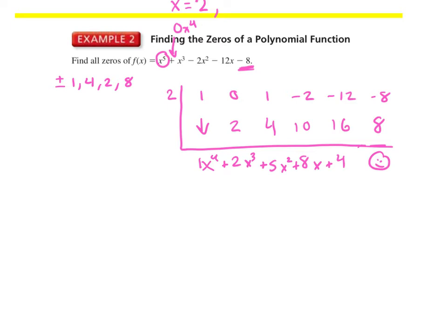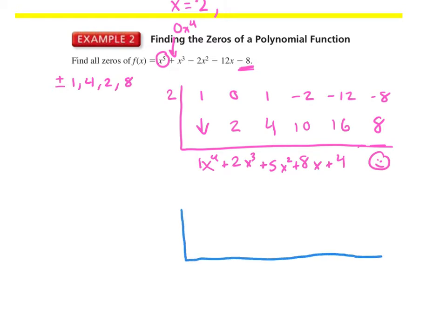Can we factor this? We still have 5 terms. We can try, Casey says. P over Q again. So we still have 5 terms.